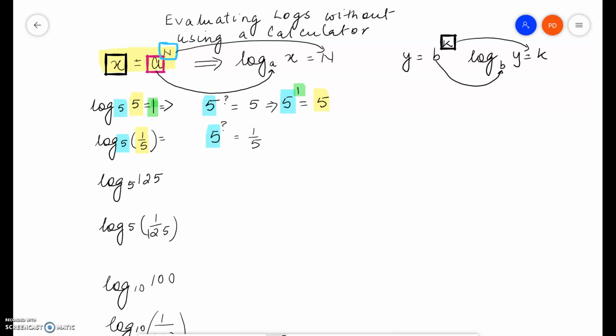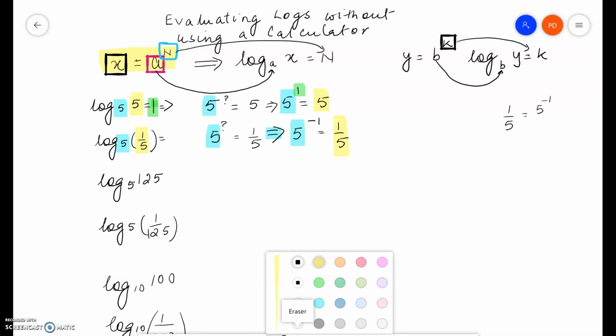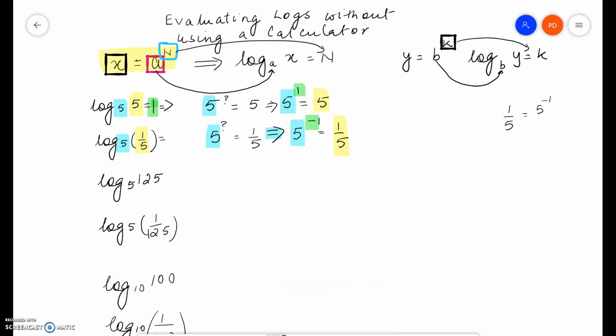So next we try to fill out that blank, and 1/5 is the reciprocal of 5, can be written as 5 to the -1. So 5, the base, to the -1 is equal to the number that we're trying to find the log for. So the exponent here that fits in is -1.